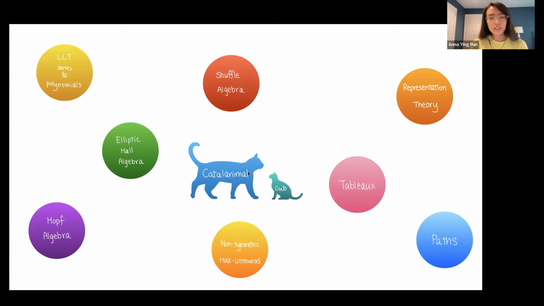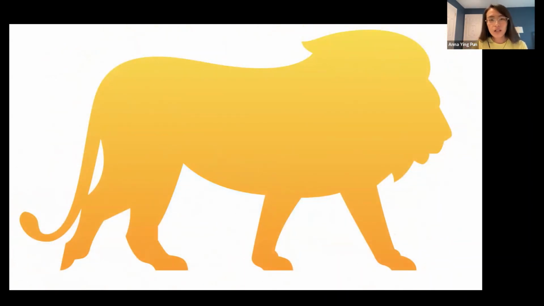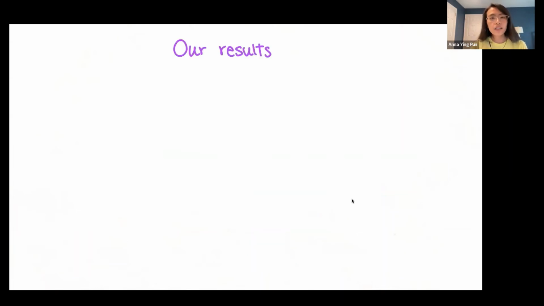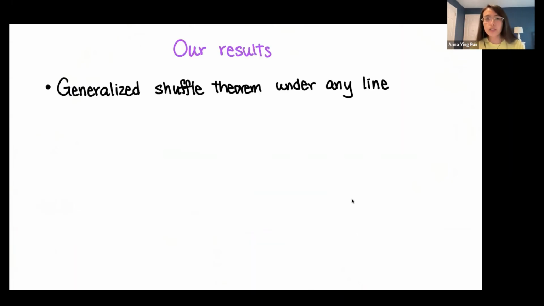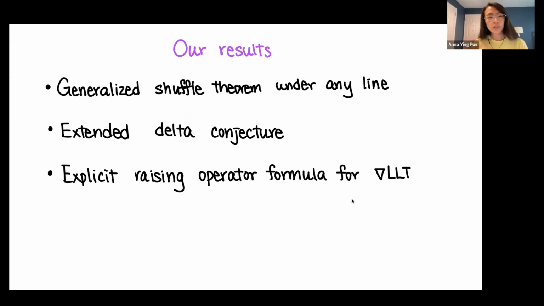So you can see that with the big CAT, it links to so many different things: LLT series, elliptical algebra, Hall algebra, non-symmetric Macdonald polynomials, many things. When you combine them, it gives you a very big tool. And this powerful tool helps us generalize the shuffle theorem under any line instead of just the fixed line from (0,k) to (k,0). It helps us prove the extended delta conjecture, which in turn proves the delta conjecture.